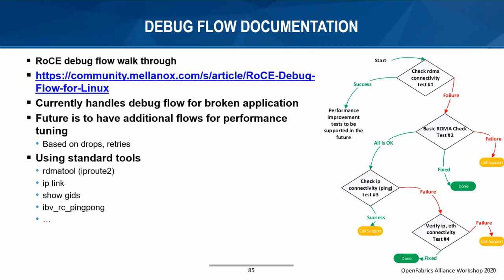Tell us that you reached that step, and we will take it from there with the additional information that the customer provided. As you can see on the left side, there is a performance improvement. So now we are working on adding an additional scheme of how to improve performance, how to measure performance, and how to tell whether it's okay performance or not, and how to check and improve it if it can be done. So the left side is much more complicated.